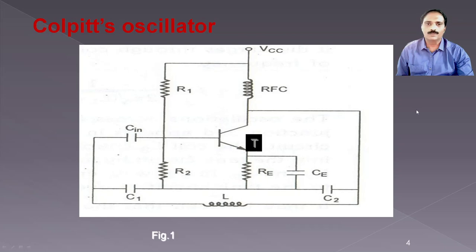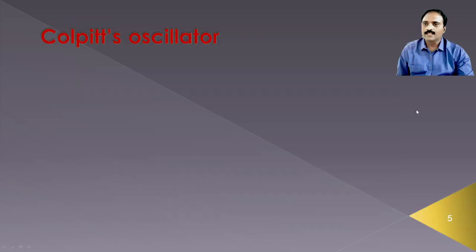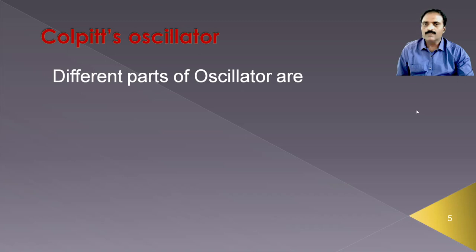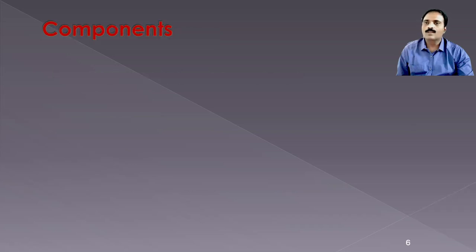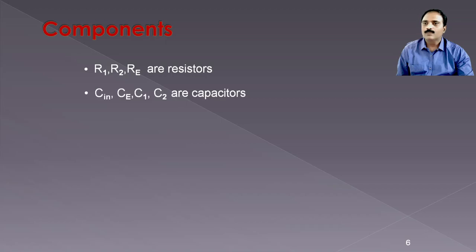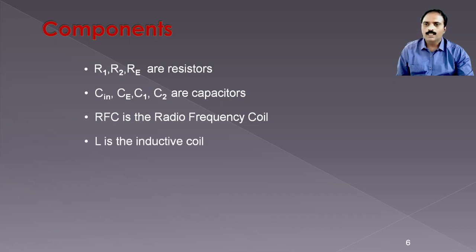Let me go through the further slides. So the different parts are amplifier, tank circuit, the feedback circuit in the form of a coupling capacitor. Let me give you the components here that we have considered in the circuit. R1, R2, RE are the resistors, C input, CE, C1 and C2 are the capacitors. RFC is the radio frequency coil, L is the inductive coil, and T is the NPN transistor.